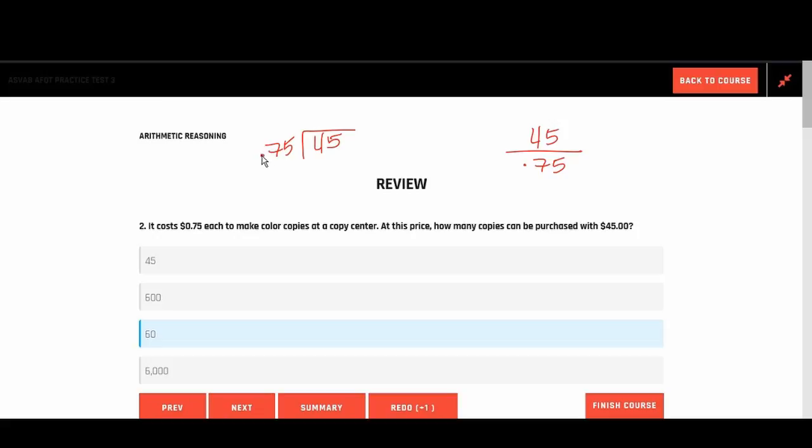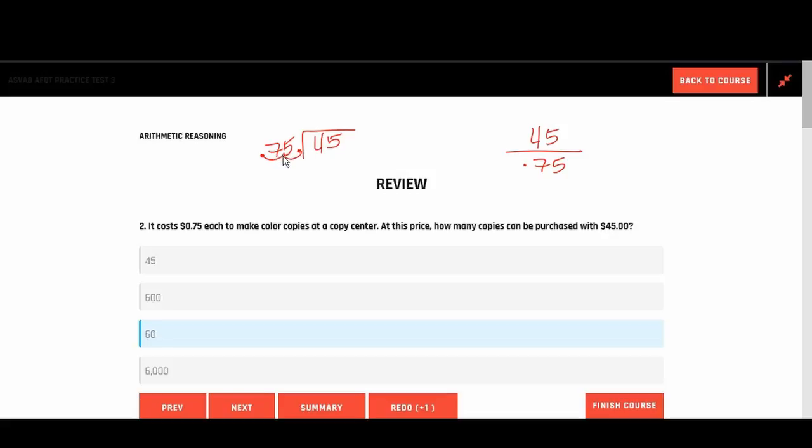Now, we're not quite ready to do the long division. I have a video up on my YouTube channel that's devoted to dealing with decimals. In that video, I mentioned that you can do division with decimals as long as the decimal's on the inside of the division bracket. In this case, it's on the outside of the division bracket, so I'm going to have to shift it 2 places to the right.